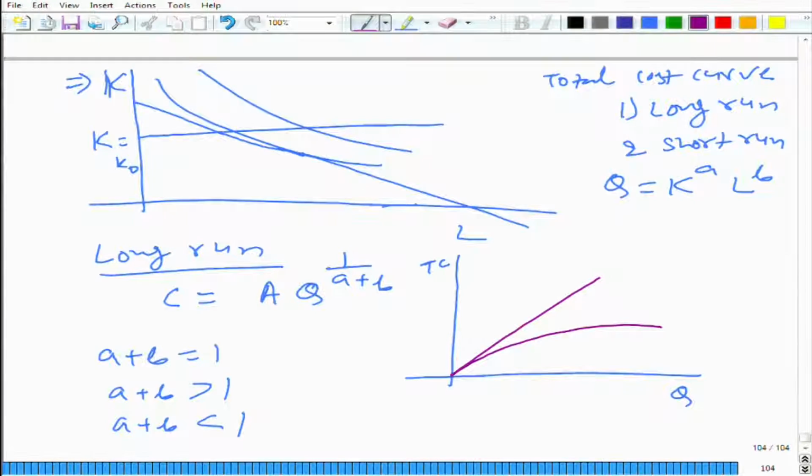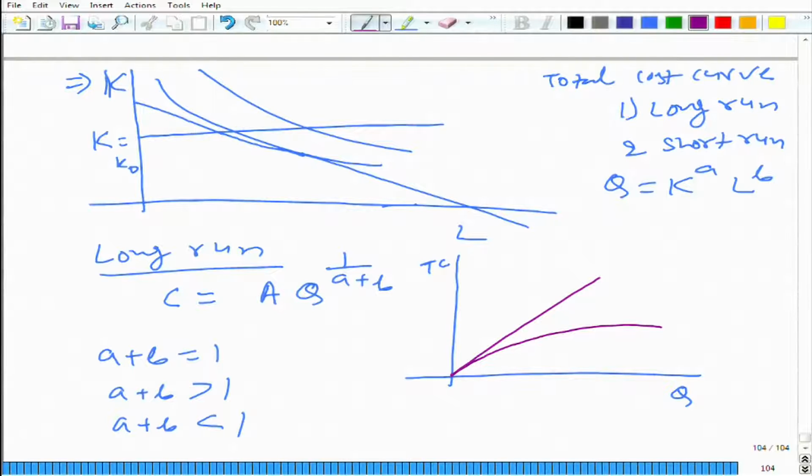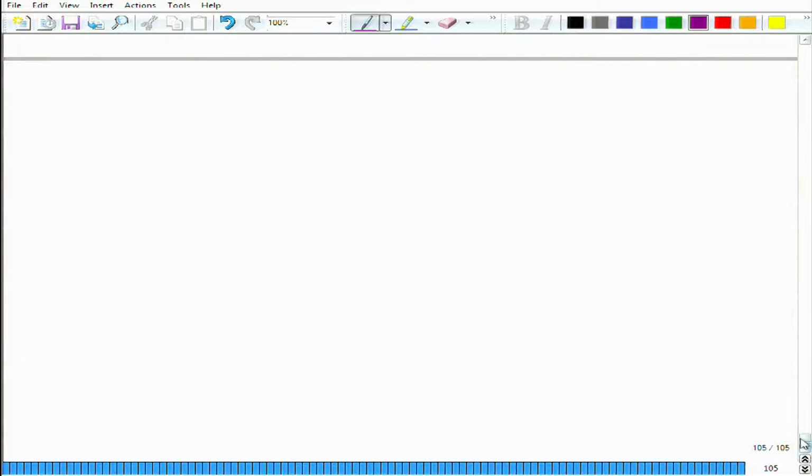Total cost increases at a decreasing rate. And when A plus B is less than 1, what happens to total cost? So, these are the 3 conditions.